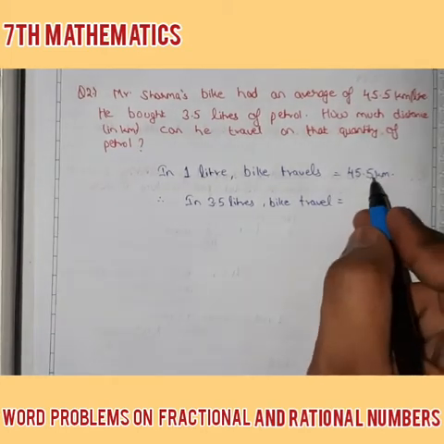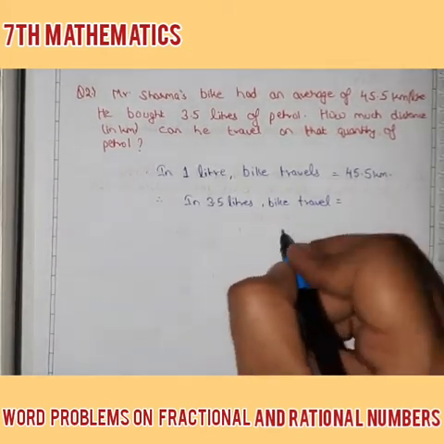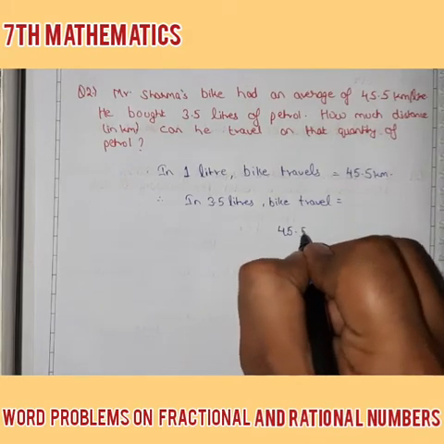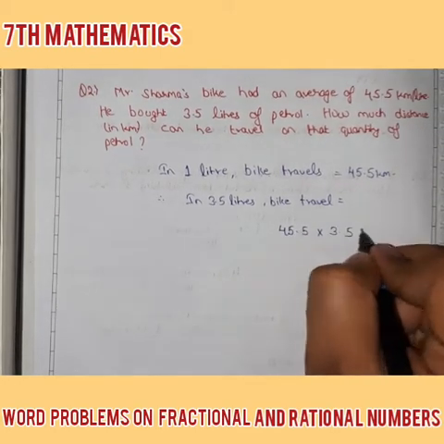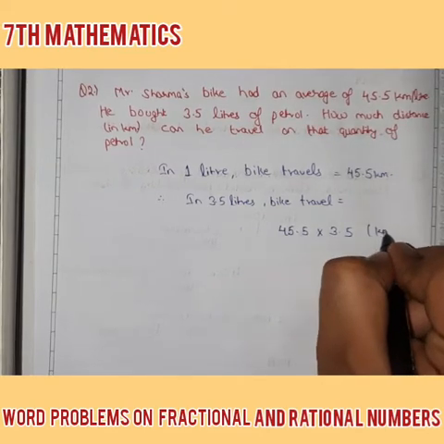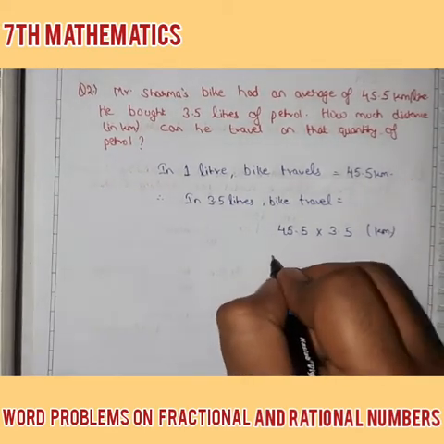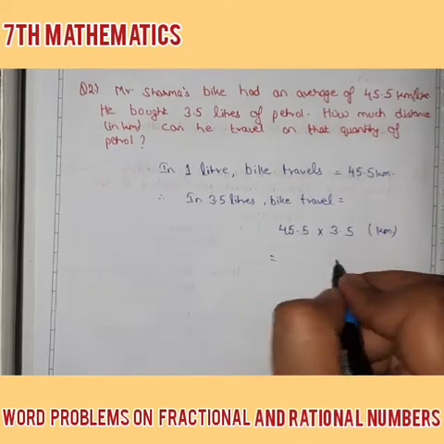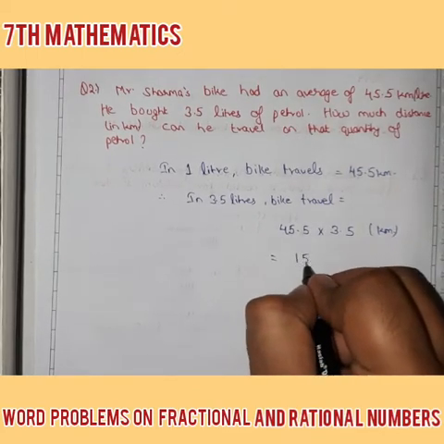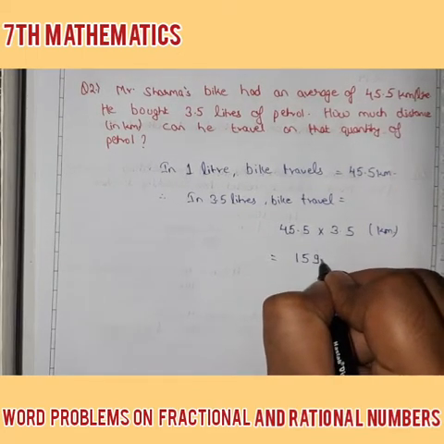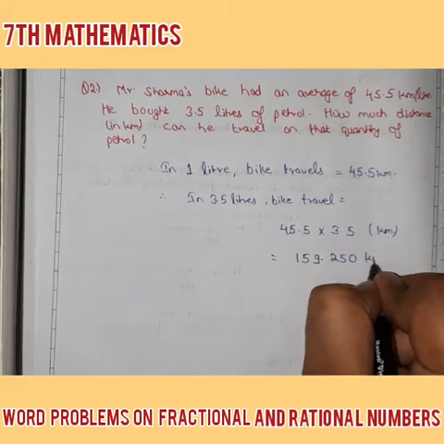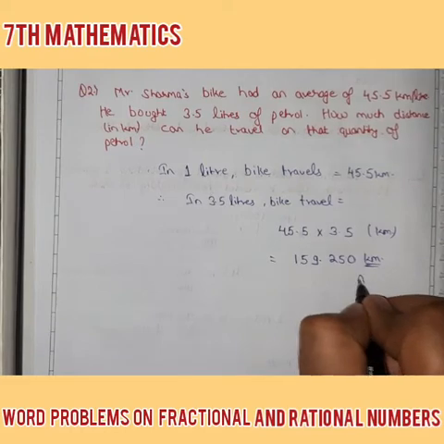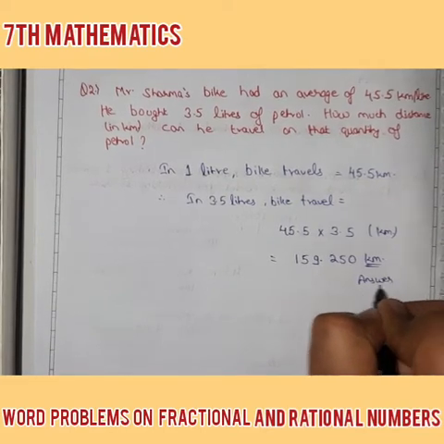By unitary method, simply multiply this by this, 45.5 into 3.5 kilometers. When we multiply it, the answer will come 159.250 kilometers. This will be the final answer.